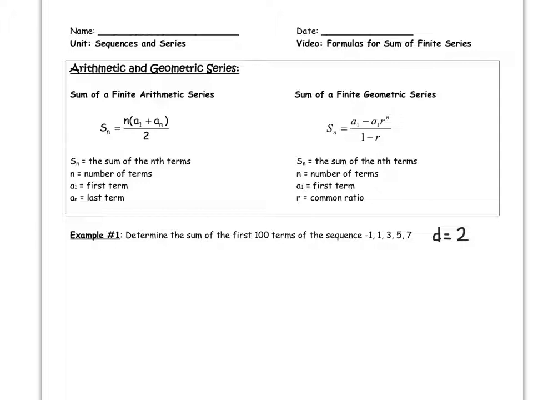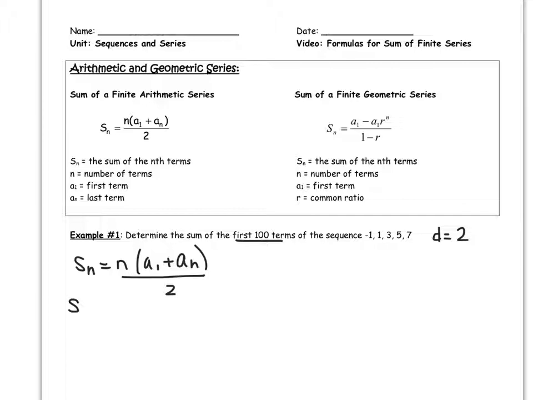So this means we're going to use this formula here for an arithmetic series. The formula is as follows: S sub n equals n times (a sub 1 plus a sub n) all over 2. And if we want to write the sum of the first 100 terms, n is going to be 100.